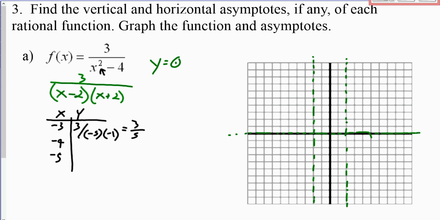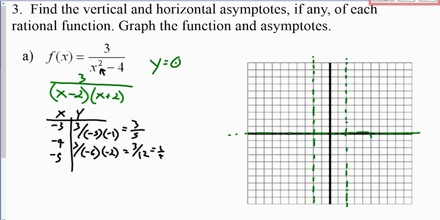Okay, -4, so that's going to be 3 over -6 times -2. So this is going to be 3 over 12, or 1/4.